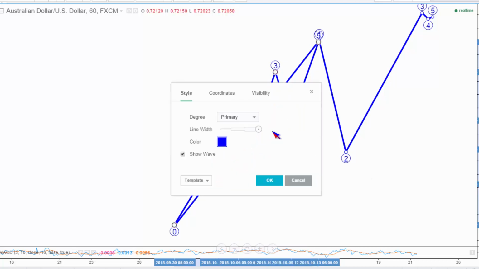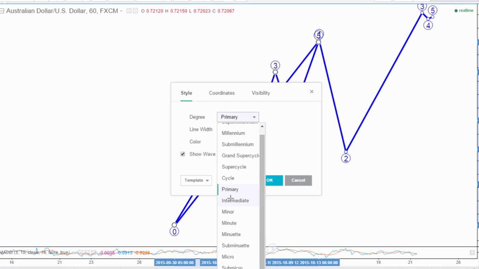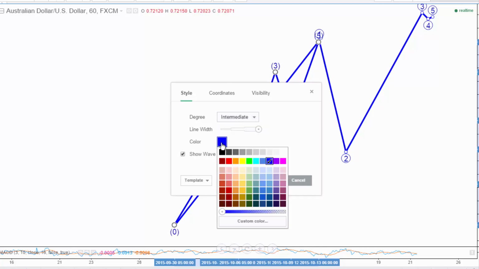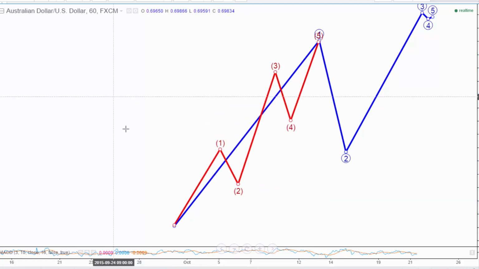So we are going to consider this more or less the intermediate trend right there. And we're going to call this red. So now you have the primary trend, you have the intermediate trend, and then you have the minor trend.